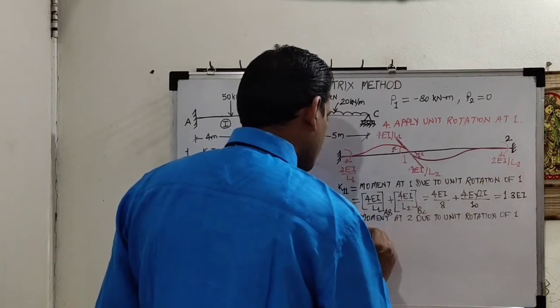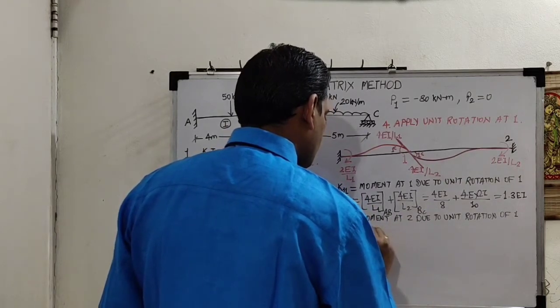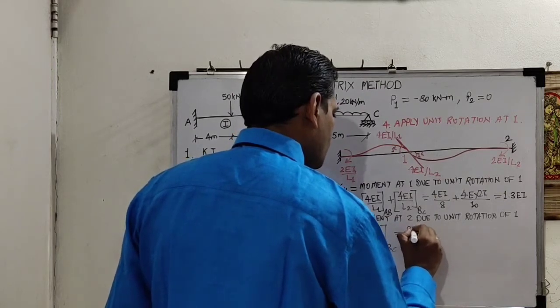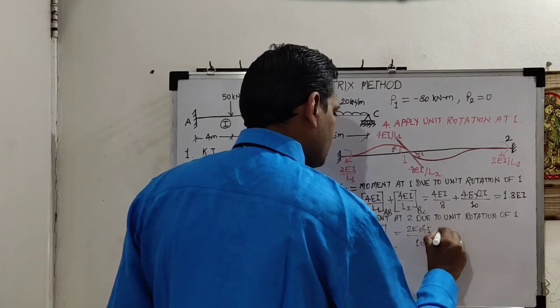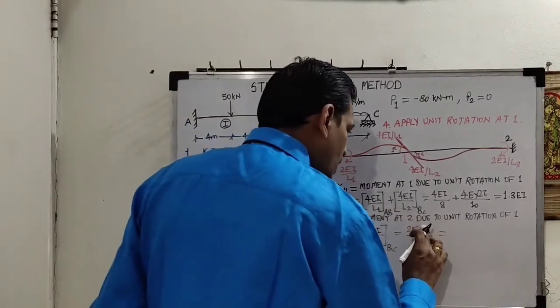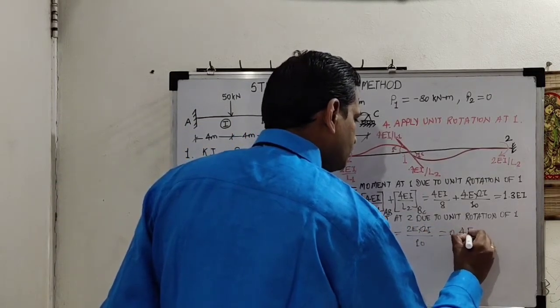So it is 2EI by L2 for span BC. So again 2E into 2I upon 10. Correct? So it is 0.4 EI.